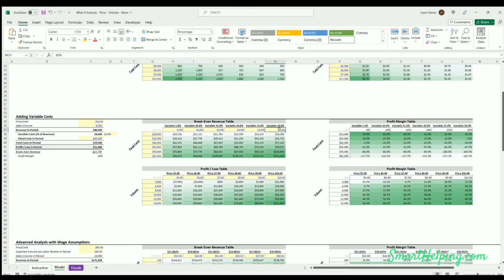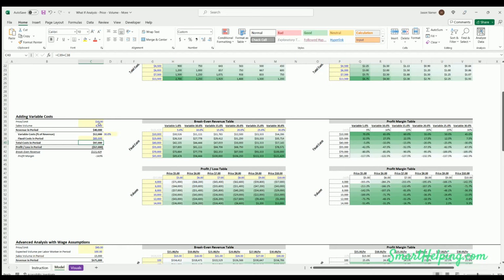So here at the highest variable cost rate and at the highest fixed cost, your break-even revenue, meaning the revenue that you need to cover all these costs and have a P&L of 0, would be 121. And you can see if we put that into the model here, 30% and 85,000, then we don't break even until we sell $121,000 worth of products.